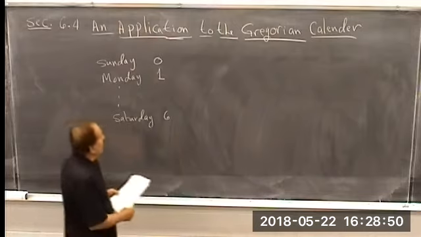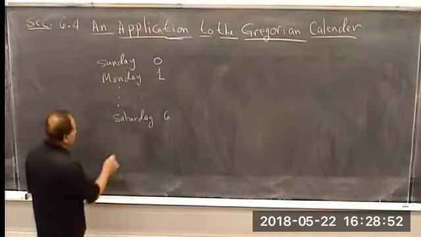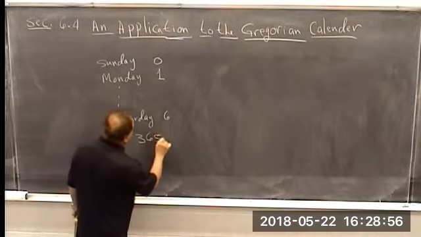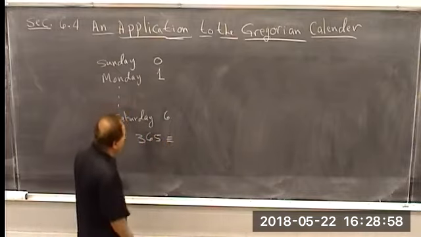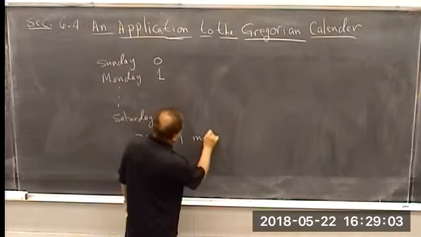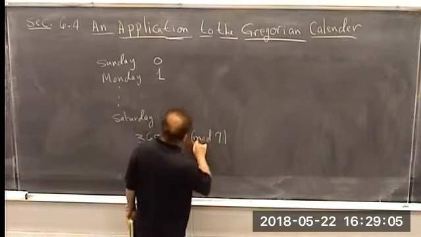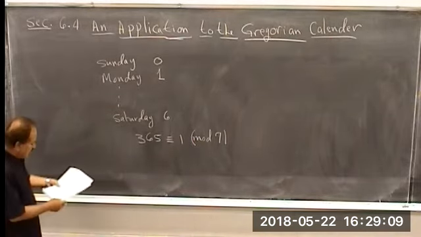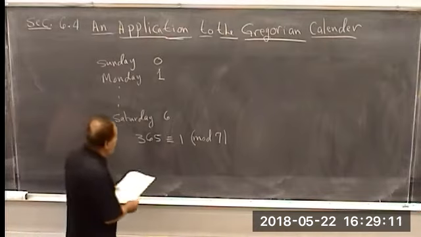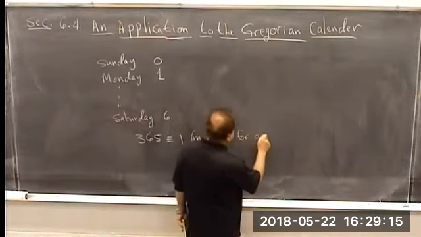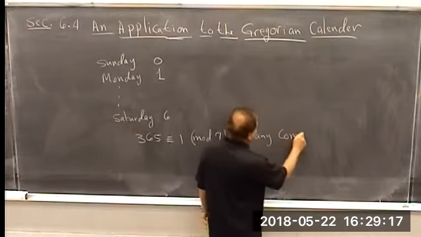Now, we also have the following. We have 365, which is the common year, is congruent to 1 mod 7. And this is going to be a crucial congruence that we're going to be using, for any common year.